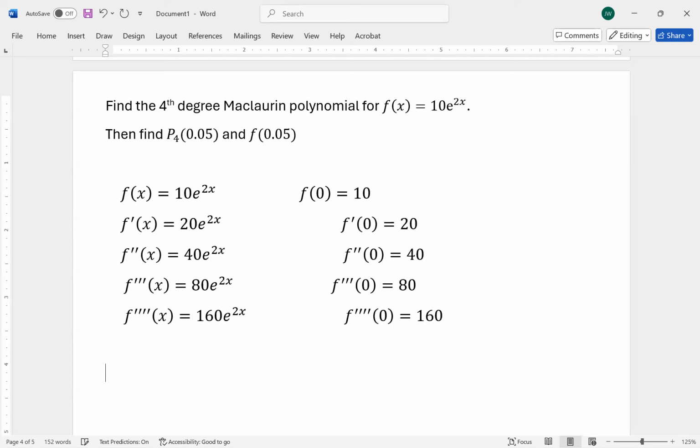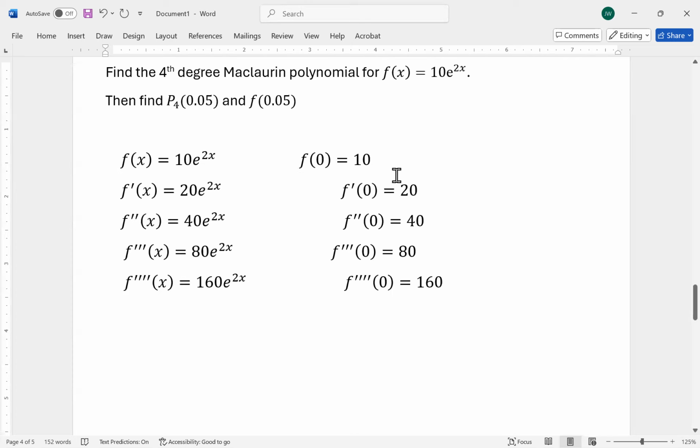Now I'm ready to create my Maclaurin polynomial of degree 4. So my Maclaurin polynomial of degree 4 is going to be, again, start with function value 10, plus 20 over 1 factorial times x to the first power.